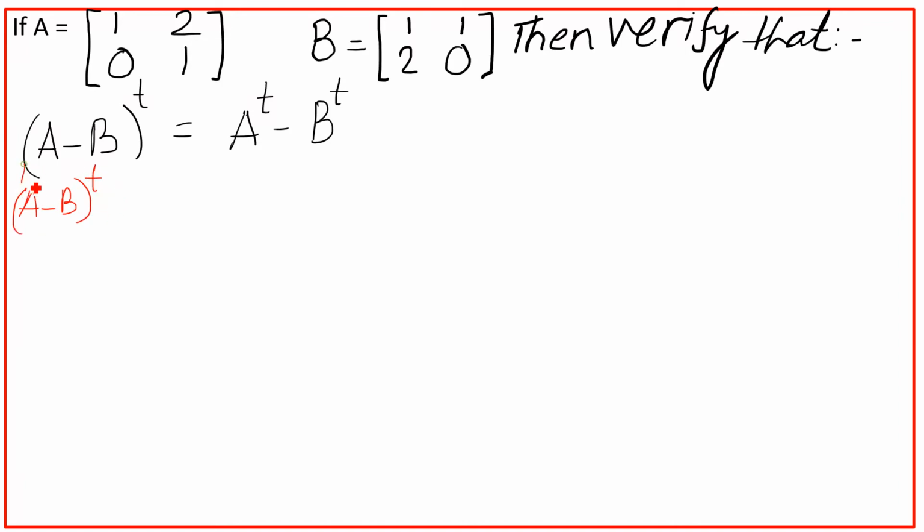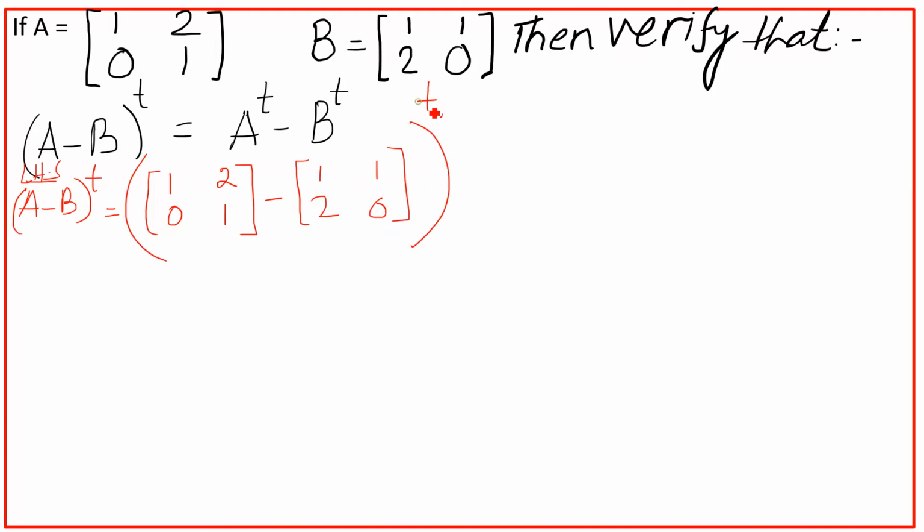Right, first we will solve the left hand side, which is equal to A 1 2 0 1, negative of 1 1 2 0, and then whole transpose. This is in the parenthesis and this is whole transpose. At the end we will take the transpose. So 1 minus 1, corresponding entries you have to subtract. Same thing for subtraction and addition.